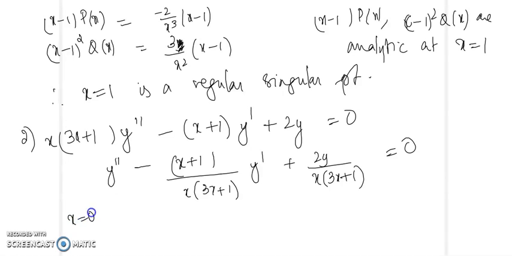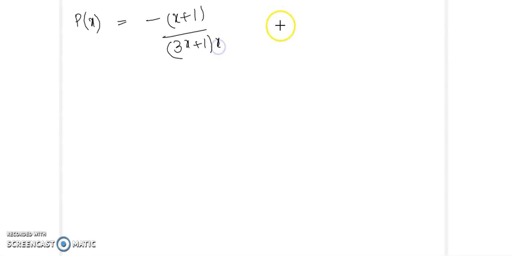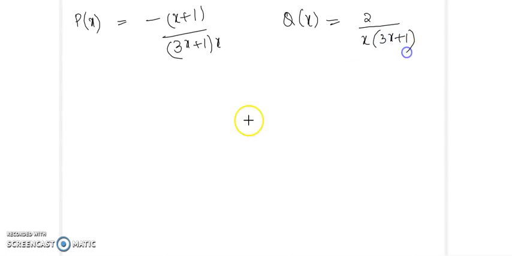So here x equal to 0 and minus 1 by 3 are singular points. And p of x is minus x plus 1 by 3x plus 1 into x, and q of x is 2 by x into 3x plus 1.